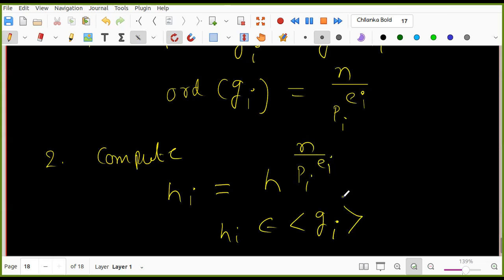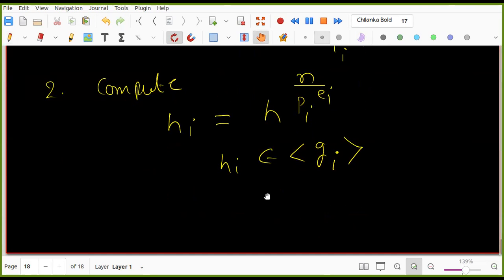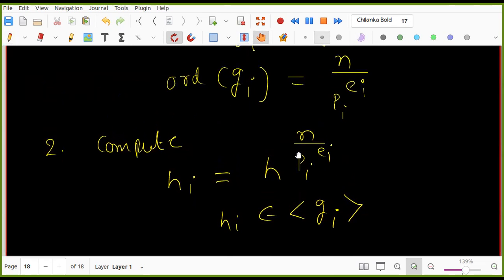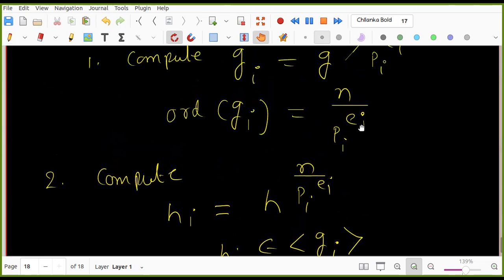Because h is in the cyclic group generated by g, h_i is in the cyclic group generated by g_i. Now my problem boils down to this. In which group am I? Both h_i and g_i are in the group of order p_i power e_i. Sorry, I made a mistake; I'll write it properly, p_i power e_i only.